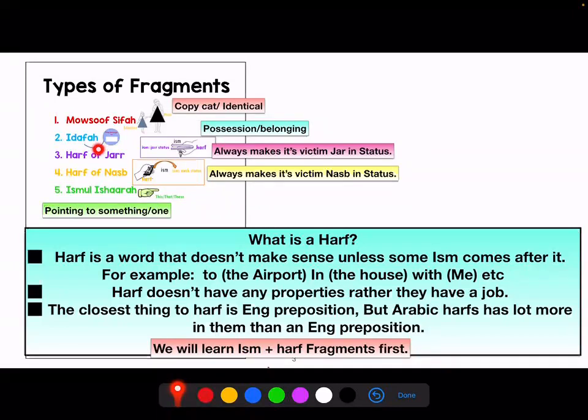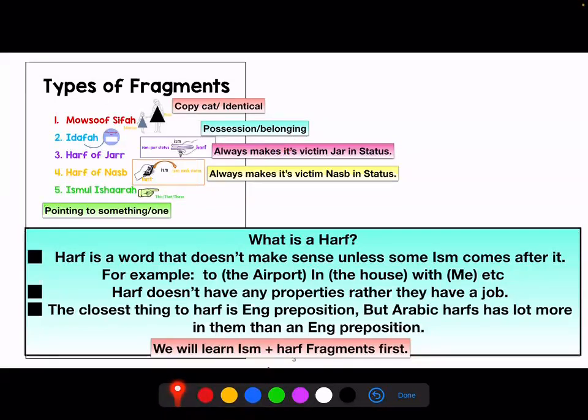Rabbuhu, what is the translation? His Rab. And this is Idafa fragment. So this is one way we can create Idafa fragment, which we already learned, Alhamdulillah. And Idafa fragment basically shows possession or belonging.